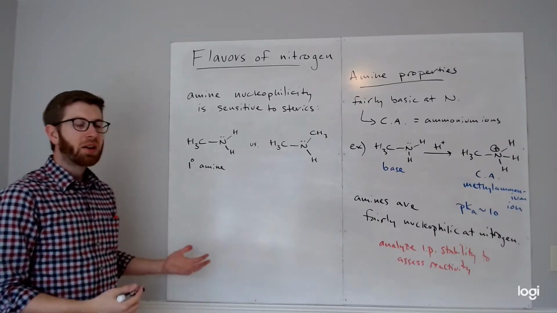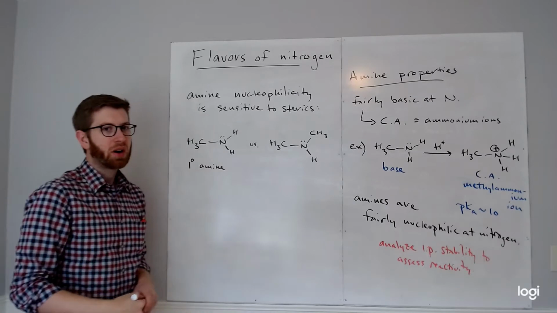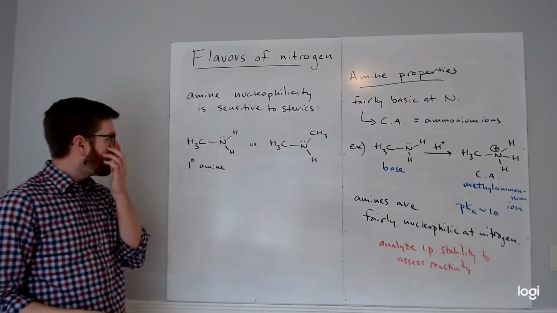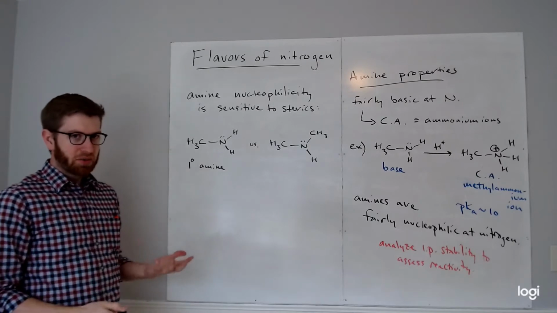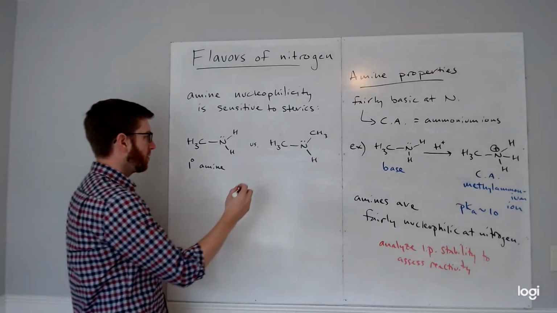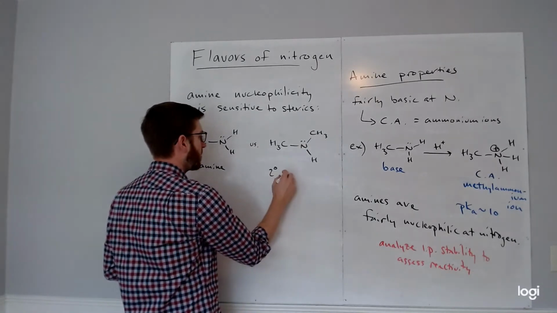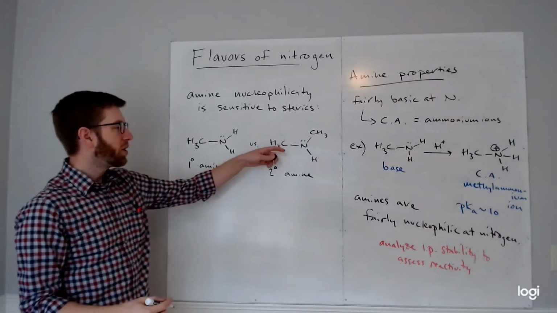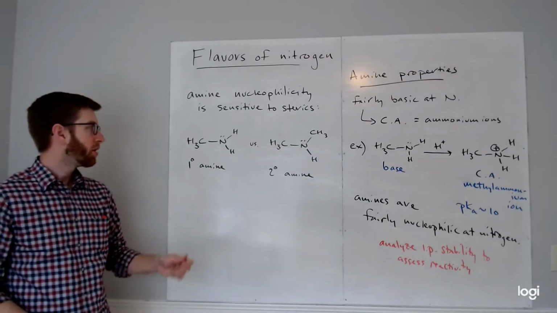You could make the argument that these methyl groups are inductive donors. Some people like to make this argument. These are not strong effects, really, in most cases. So the secondary amine here, really the way these two differ is in sterics, right? Two methyl groups is quite a bit larger than just one.